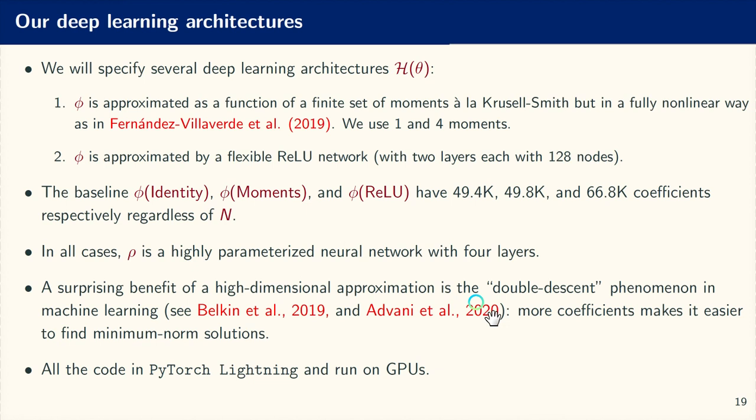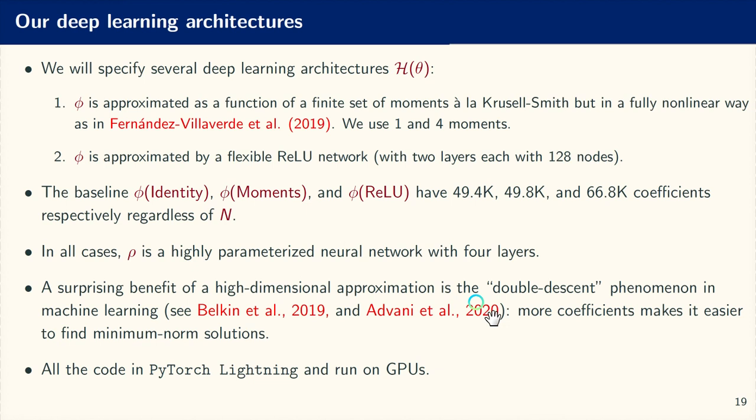One will be as functions of a finite set of moments of the distribution, inspired, of course, by Krusell and Smith, but we are going to allow that to be done in a fully nonlinear way, as in Fernandez-Villaverde, Nuño, and Hurtado in our paper on financial frictions and the wealth distribution. And we are going to use either one moment or 4 moments, and I will tell you later why we pick both.